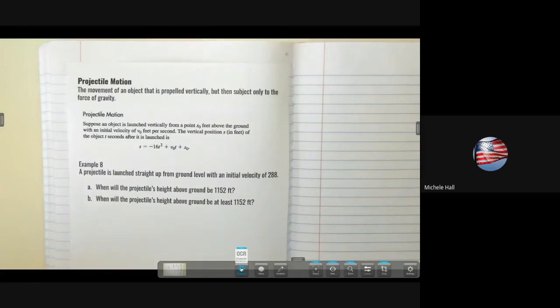Suppose an object is launched vertically from a point s of 0 feet above the ground with initial velocity of v of 0 feet per second. The vertical position s in feet of the object t seconds after it is launched is s equals negative 16t squared plus v of 0 t plus s of 0.